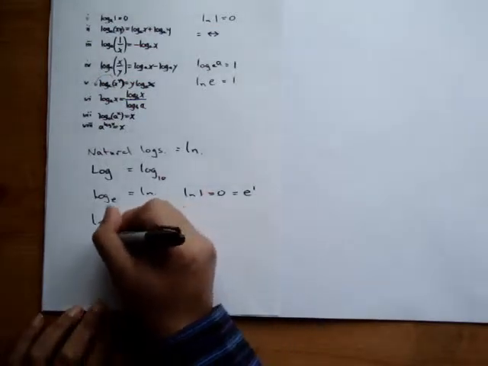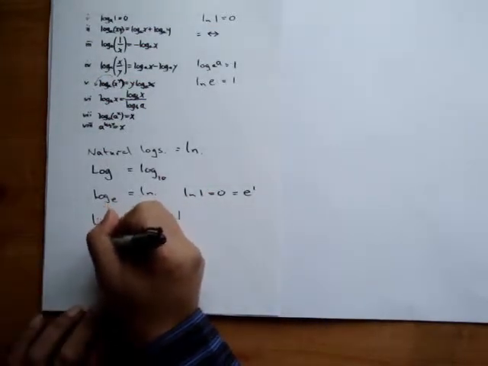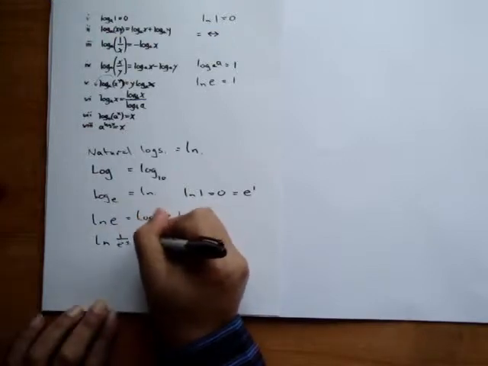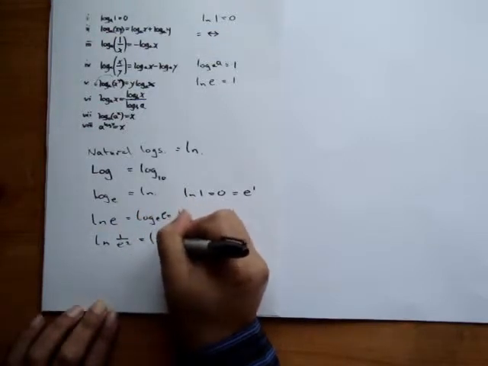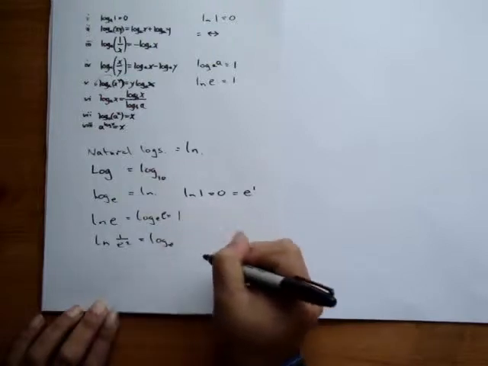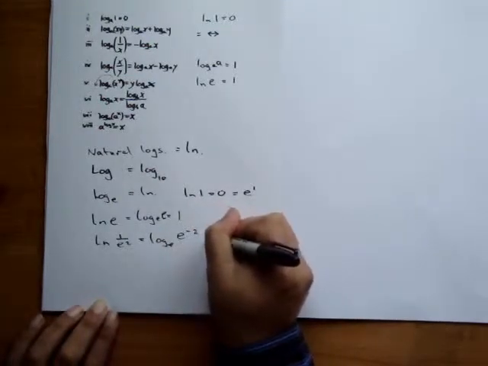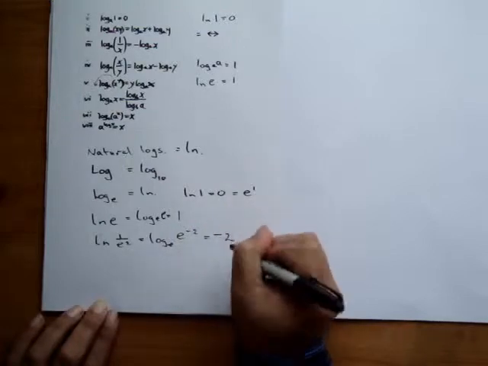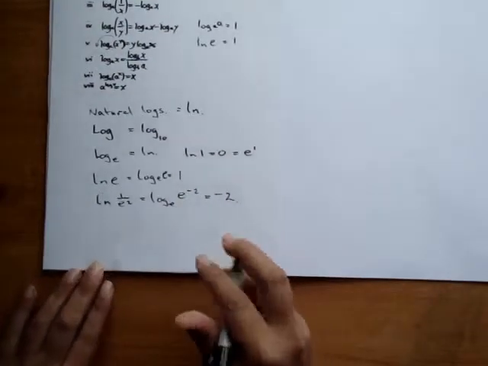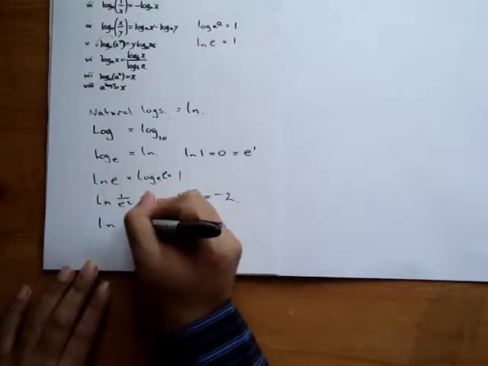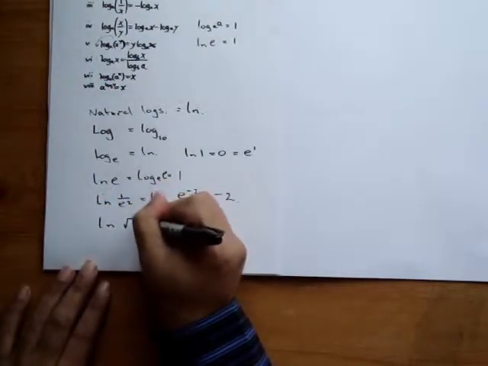The natural log of 1 over e squared is log e to the minus 2, which is minus 2. And let's have a look at the natural log of the square root of e.